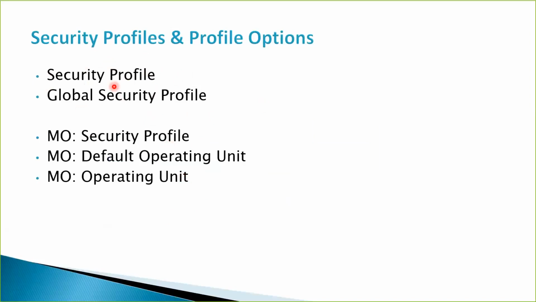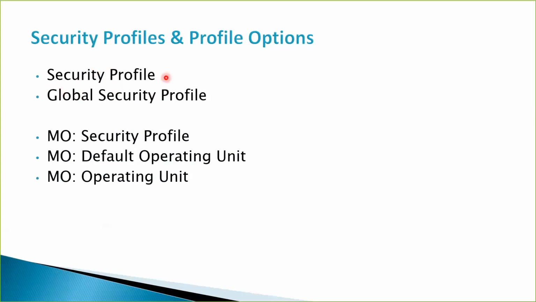But you can have an instance whereby you want to have a user who can see different operating units. Okay. Now, what's the difference between security profile and global security profile?